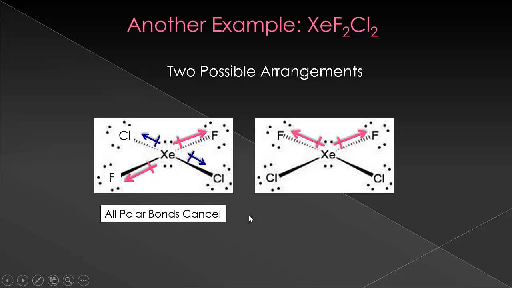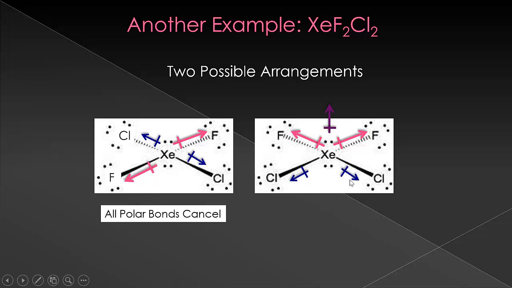Now let's look at this one. So here we have the 2 fluorines and the 2 chlorines, where the larger bond moment is going in the same direction back now. And then here, the smaller ones are going in the same direction forward. Now, some of them would cancel, so the side to side here would cancel, and the side to side here would cancel.